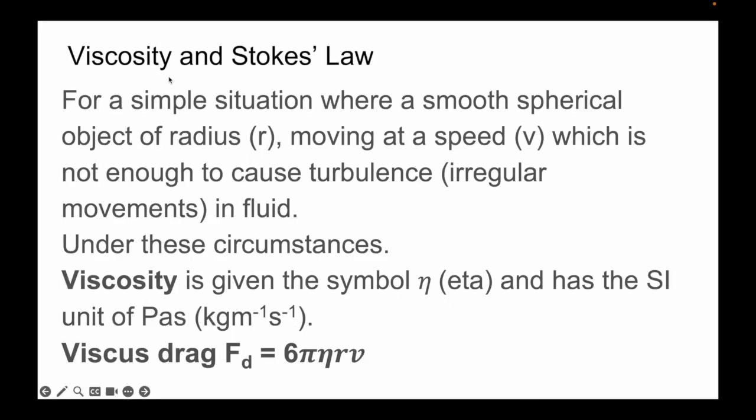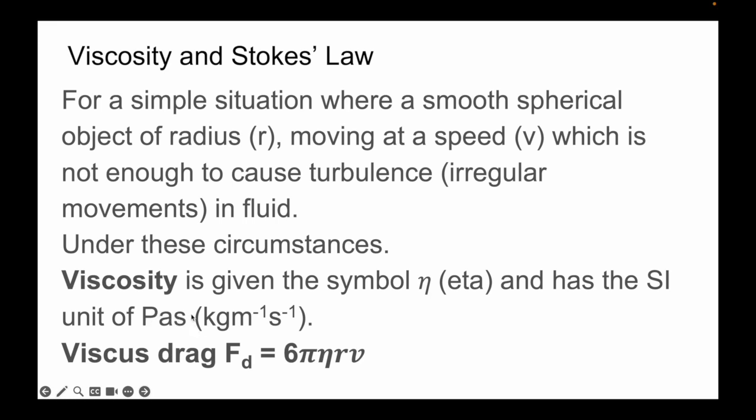Let's now look at viscosity and how it fits with Stokes' law. For a simple situation where we have a smooth spherical object of radius r moving at a speed v, which is not enough to cause turbulence or irregular movements in the fluid, what we can say is that under these circumstances, the viscosity is given by the symbol eta and has the SI unit of Pa·s, a poise.